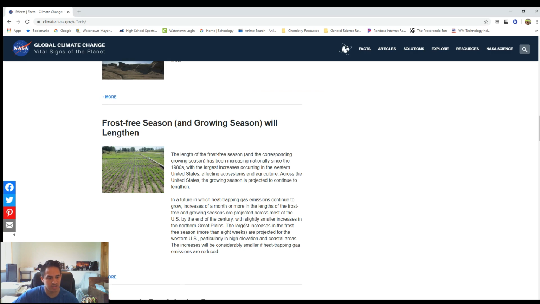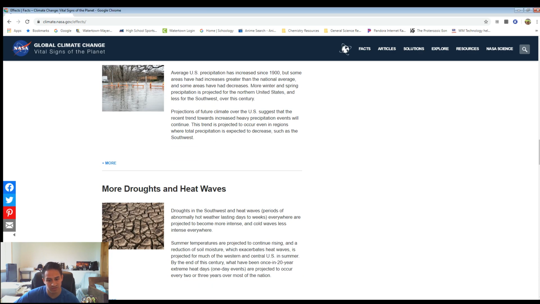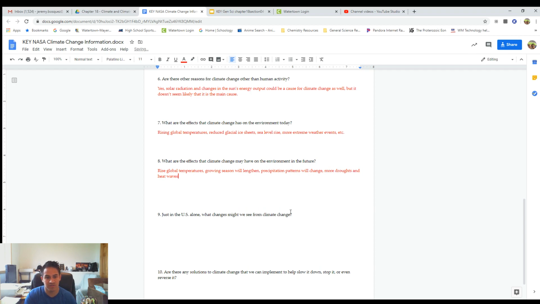We had changes in precipitation patterns, so changes in rainfall, as well as more droughts and heat waves, which isn't necessarily good. So let's put down, so precipitation patterns will change, more droughts and heat waves will occur.